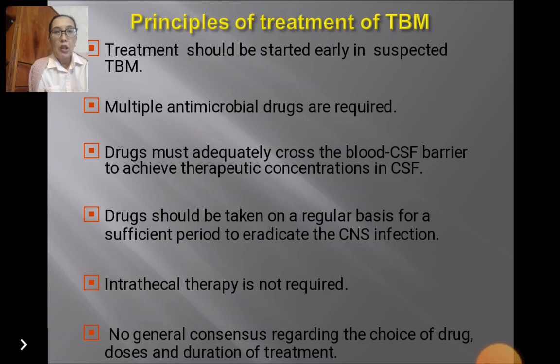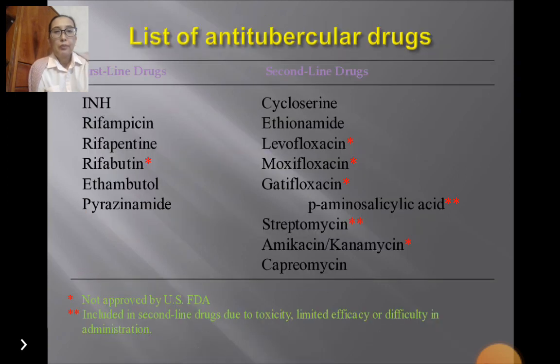Drugs should be taken on a regular basis for a sufficient period to eradicate the CNS infection. Intrathecal therapy is not required. The general consensus regarding the choice of drugs, dose and duration of treatment. You can see the list of antituberculosis drugs in this slide.